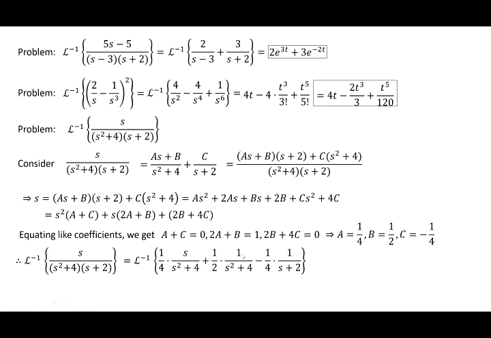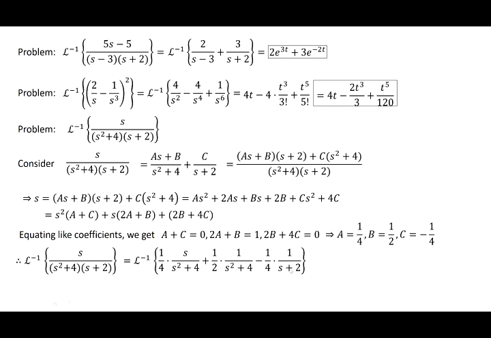Since we do not have the required 2 on the top, let's introduce a 2. But you cannot just introduce a 2, it's a 1. How can you? We'll compensate for that by dividing by a 2. Cool. So once we do that, then we have 1/2 sine 2t is what this becomes.